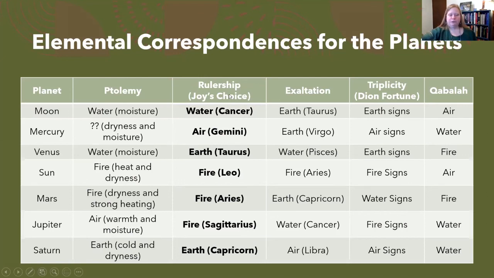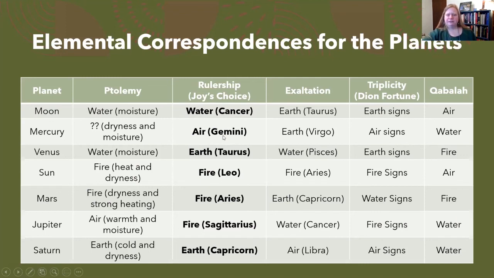And most of the planets rule two signs using the traditional rulerships. I just use the sign that it rules that's first in order of the zodiac. So the moon rules Cancer, which is a water sign, so the moon is water. Mercury rules Gemini and Virgo. Gemini comes before Virgo, so we're going to go with air.